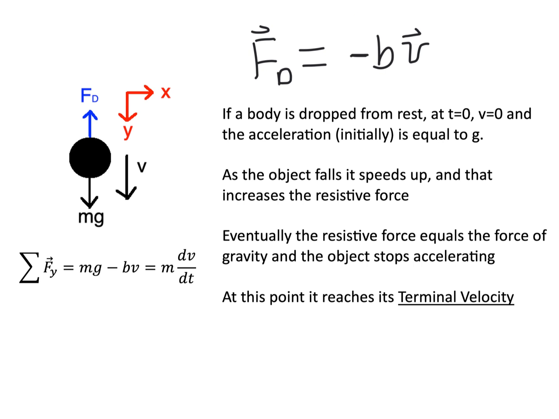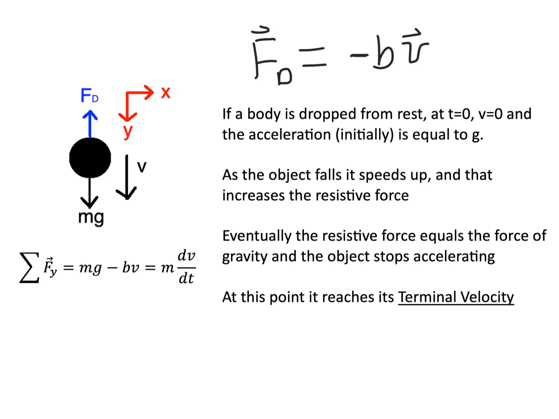Now, can you guess why I put a minus sign here? I hope you recognize that the force here is going to be in the opposite direction to the velocity. That minus sign gives us that relationship that the velocity and the drag force must be in opposite directions. Now this b depends on the nature of the fluid that this thing is passing through.